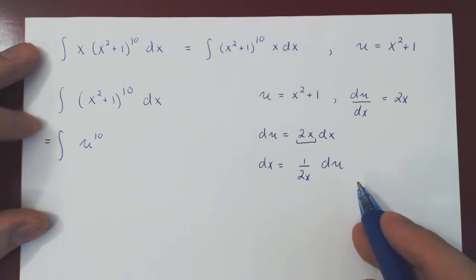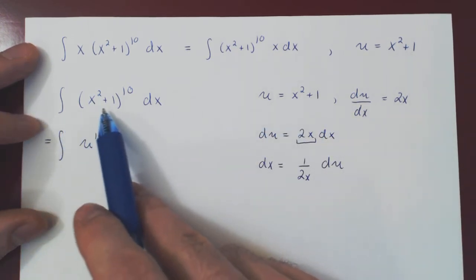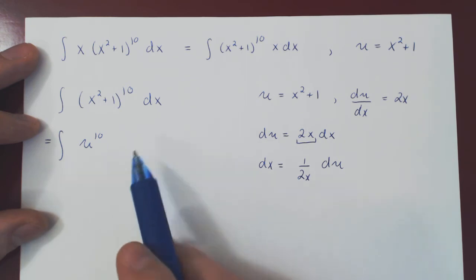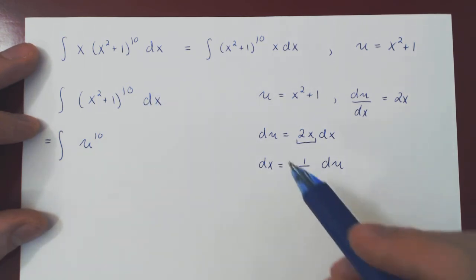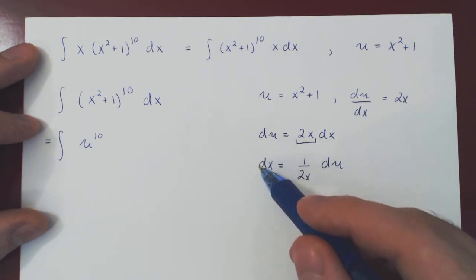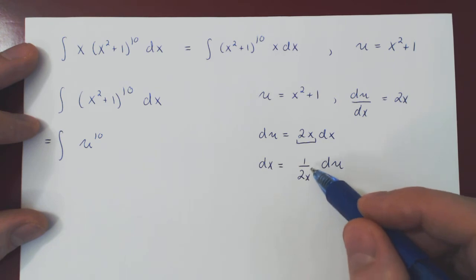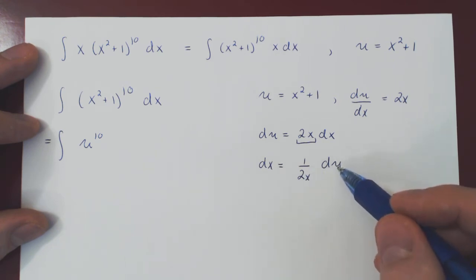But there is a problem. When you make a U-substitution, you have to replace everything in terms of the old variable, here being x, in terms of the new variable here being u. So you have to replace dx as a function of u only. What we have right now is dx is 1 over 2x du. Everything is fine except for the x. This cannot be an x, it must be a function of u.